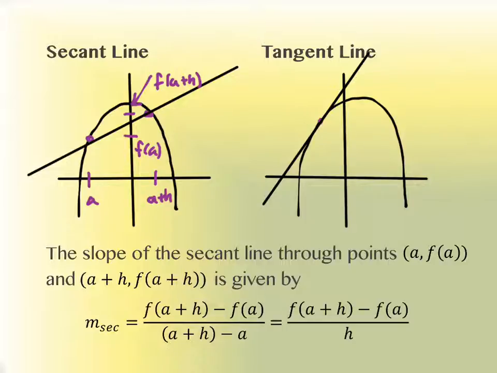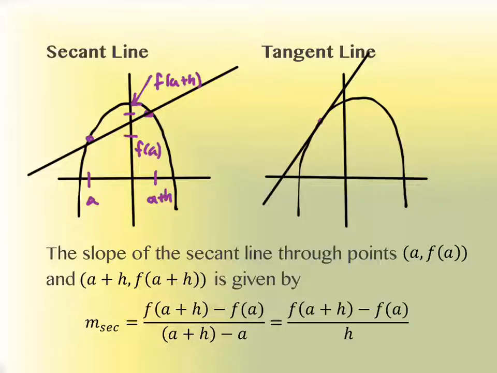So we have these two points: the point with x value A and y value f of A, and then the point with x value A plus H and y value f of A plus H. It's just a pair of points. When we do these specifically, they won't look quite so generic, but this is generically.